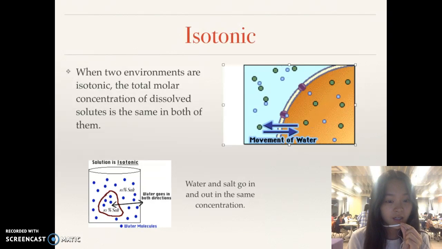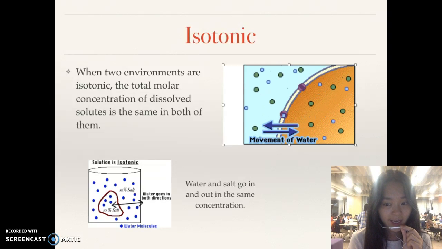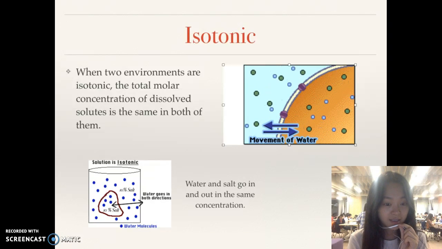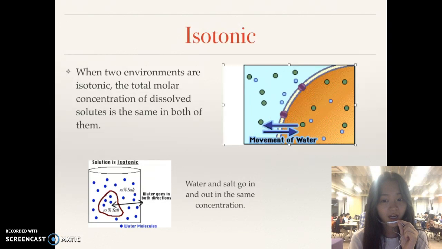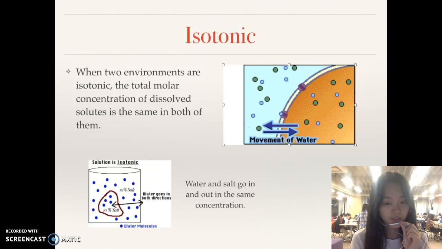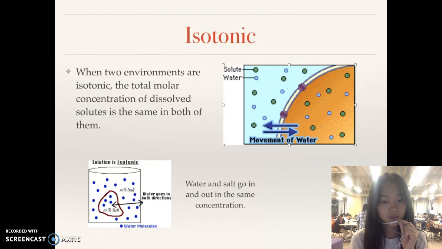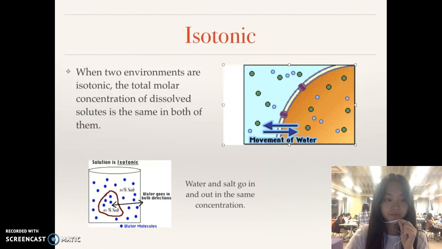In a beaker, there are water and salt, and in a bag there is 10% salt, and outside in the water there is also 10% salt. So water and salt go in and out at the same concentration.